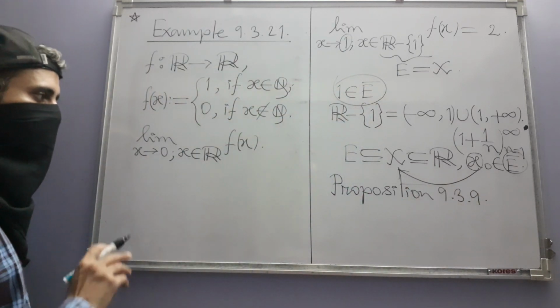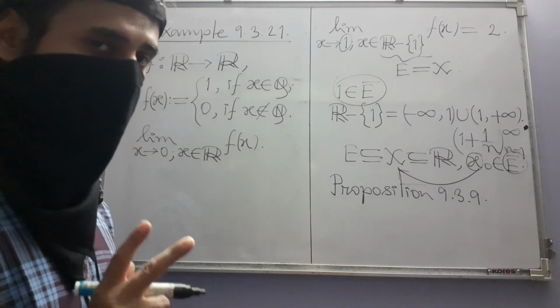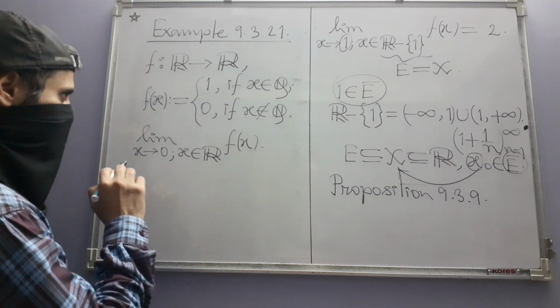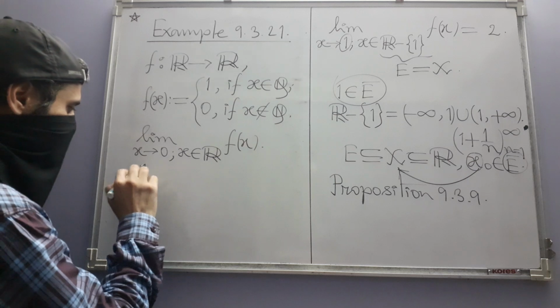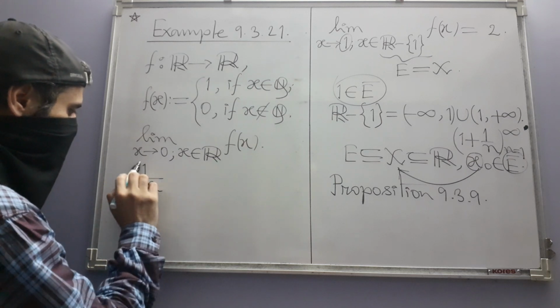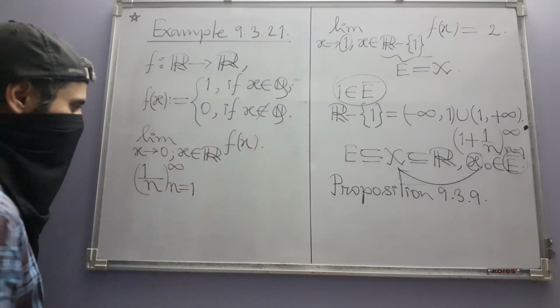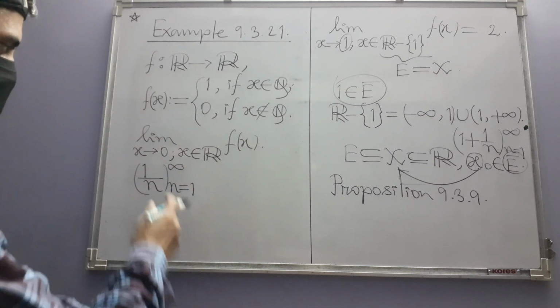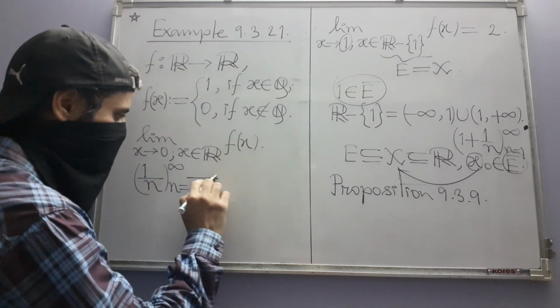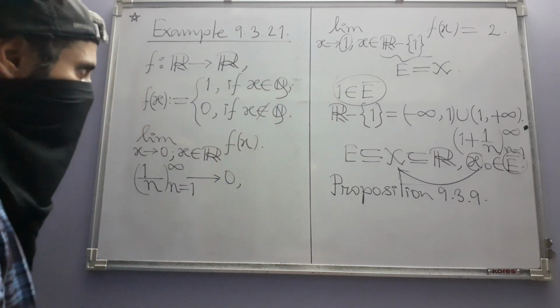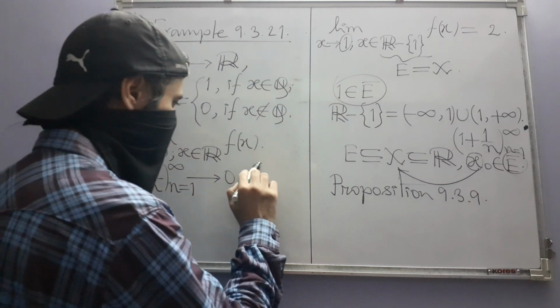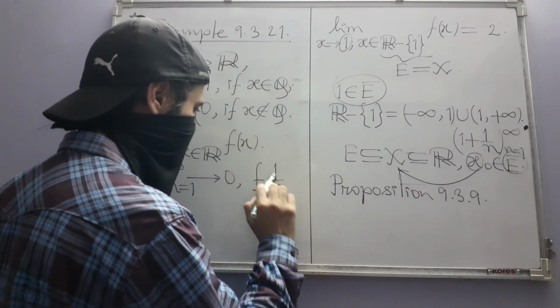And we are going to look at two special sequences. One of them is this, our very familiar friend 1 over n. It is a sequence of real numbers that converges to 0. But what about this sequence?